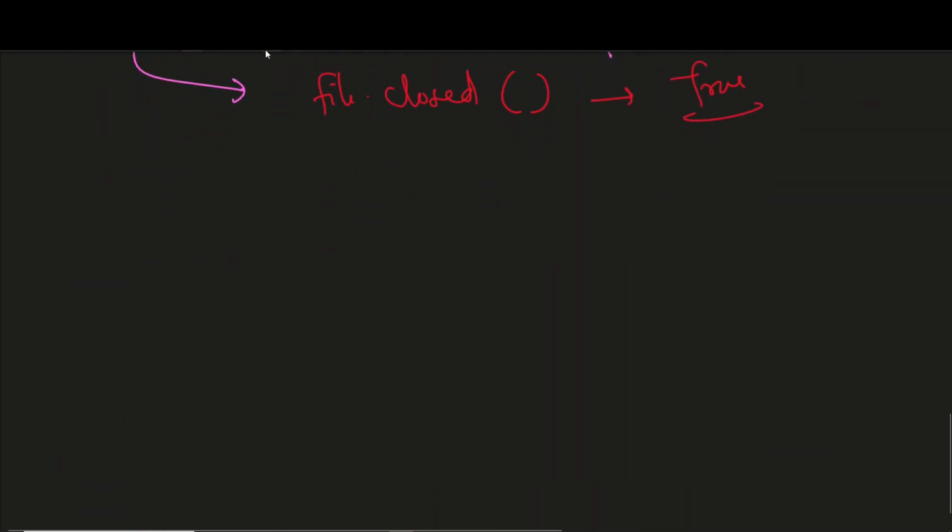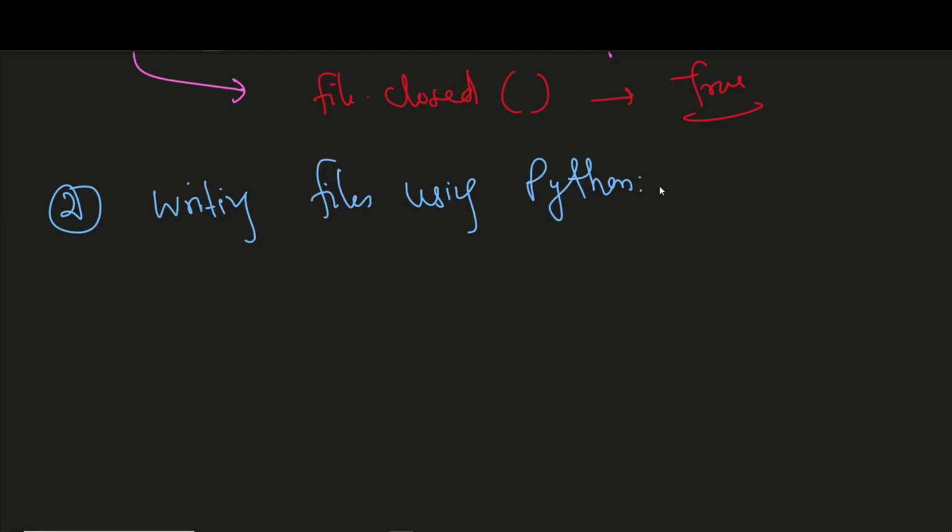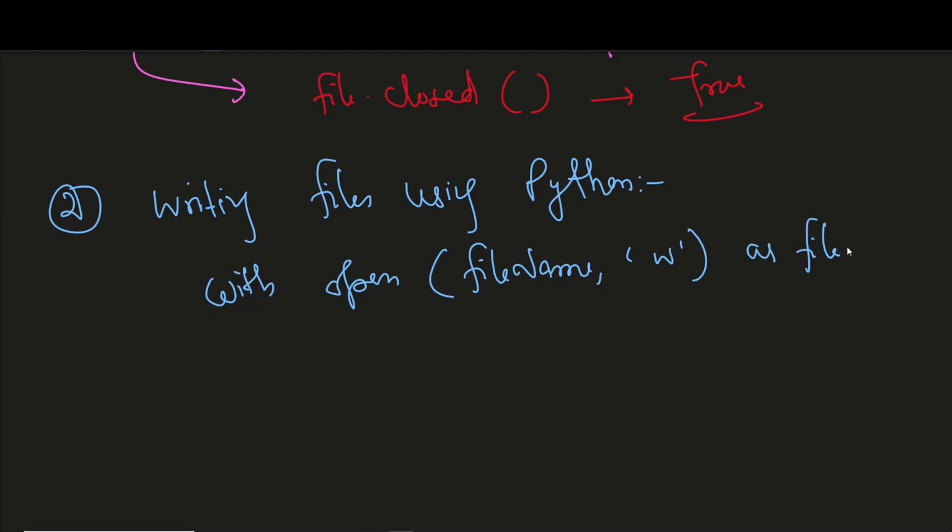Similarly, there are methods for writing files. So you already have the file handler, but we need to open the file in a writing mode. So you can use W, and if you want to use with, you have to write with open as file, and then you can use file.write and then some text here, whatever you want to write.